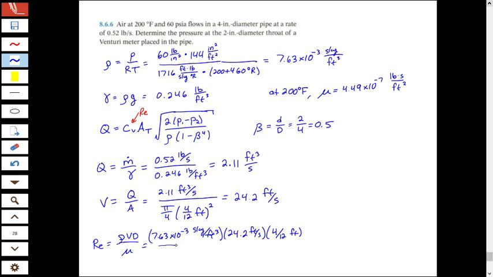Fair enough. Viscosity, 4.49 times 10 to the negative 7th pounds second per square feet. All right. So that gets us, when we calculate that, 1.37 times 10 to the 5th. All right, so that's our Reynolds number.